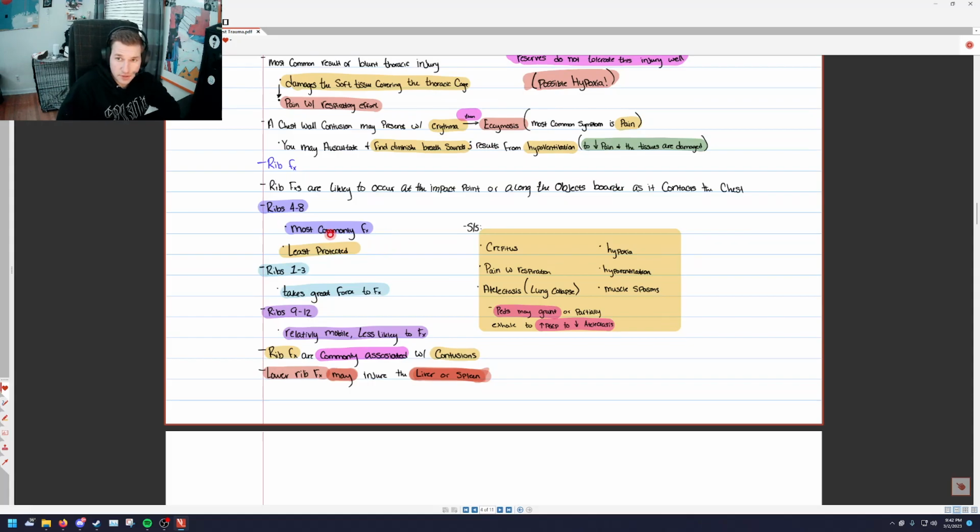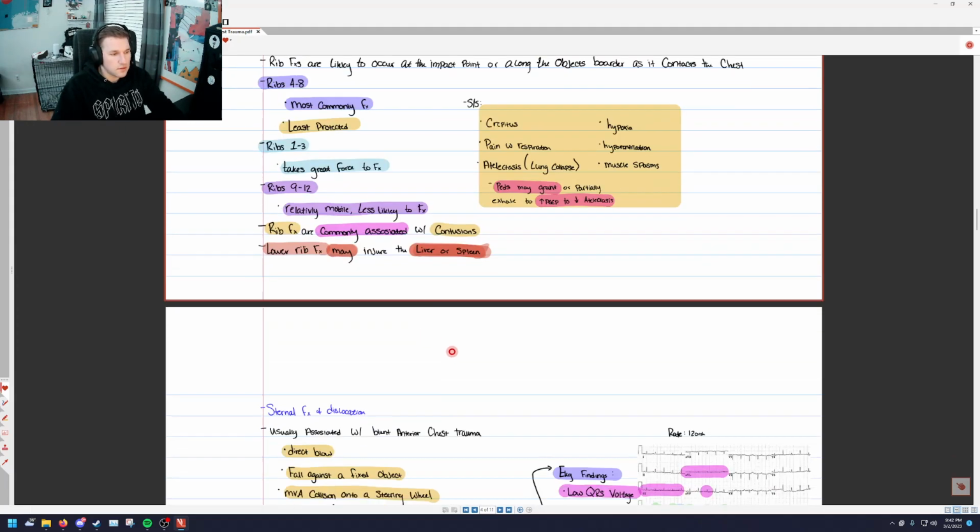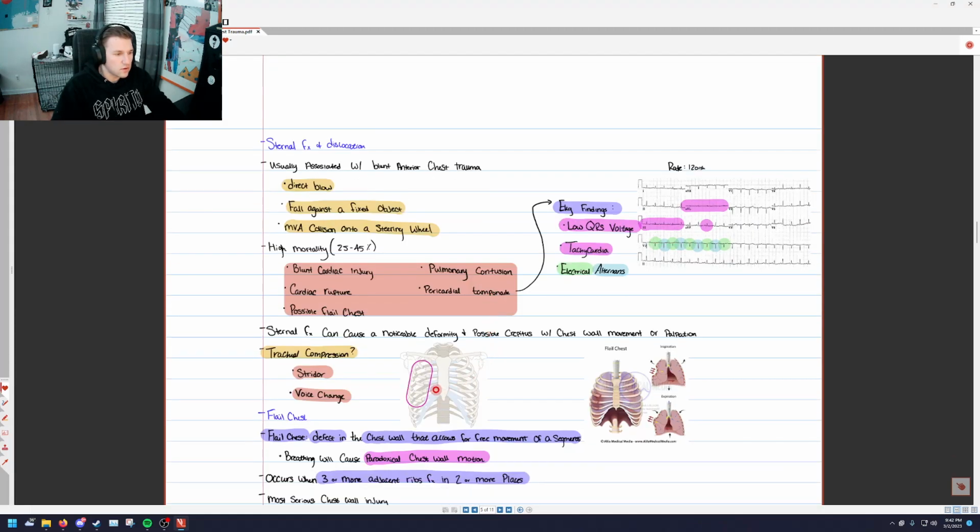So rib fractures are going to be pretty dangerous. Usually with a solo rib fracture, you should be okay. But when we see things like multiple fractures of the rib, this is where things can get kind of dangerous. So as you see, we have rib 2 through I think it's 6.